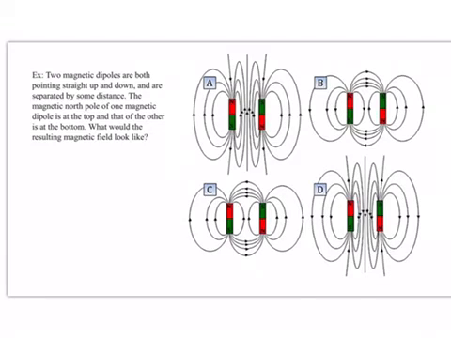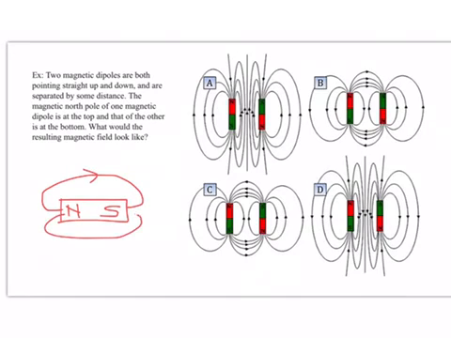Now in this example, we have two magnets. What would the resultant magnetic field look like? Here I'm going to look for whether the magnetic field lines are directed from north to south. So I'm going to look for this direction.